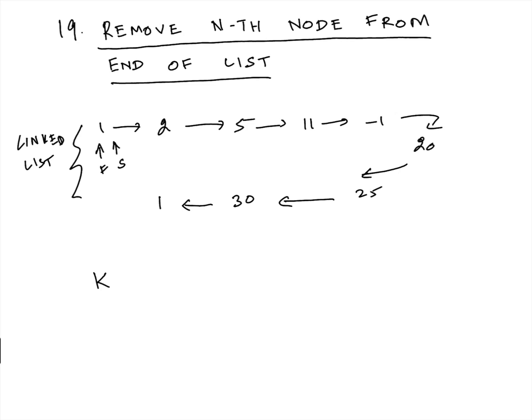Remember, our goal here is to identify the node that is k units away from the last node. So we don't really know ahead of time where the last node is. This problem is one of those problems where all you have to really do is think about the end condition and then backtrack.